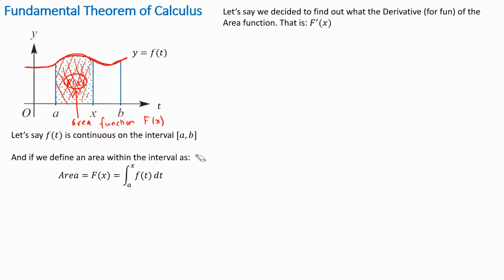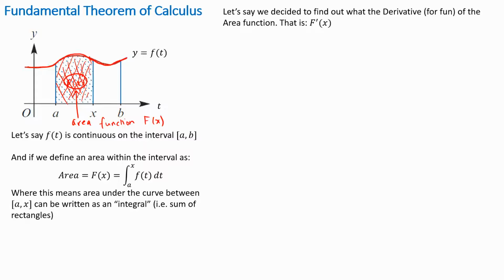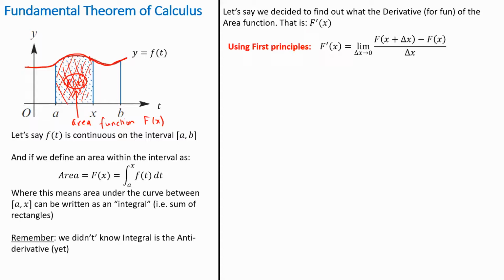If I said that, then let's say we decide to have a bit of fun and just derive it, just by chance. We just want to know what the derivative of this area function is, hypothetically. We know from first principles back in chapter 9 when we talked about the derivative that the derivative is equal to the limit of, and notice I called it delta x instead of h, because h is really the change of x.